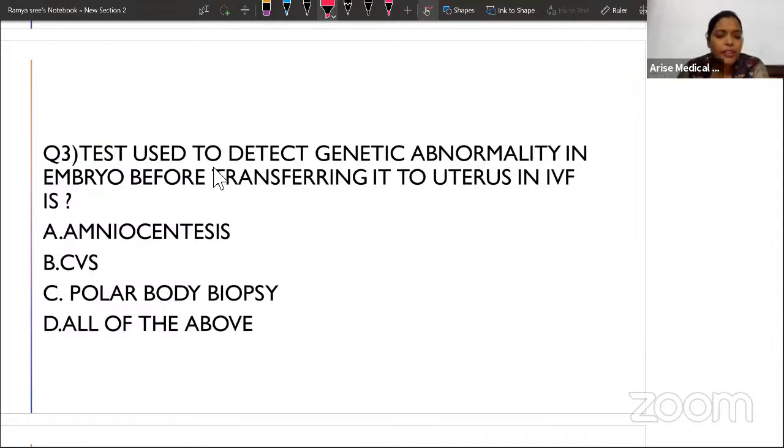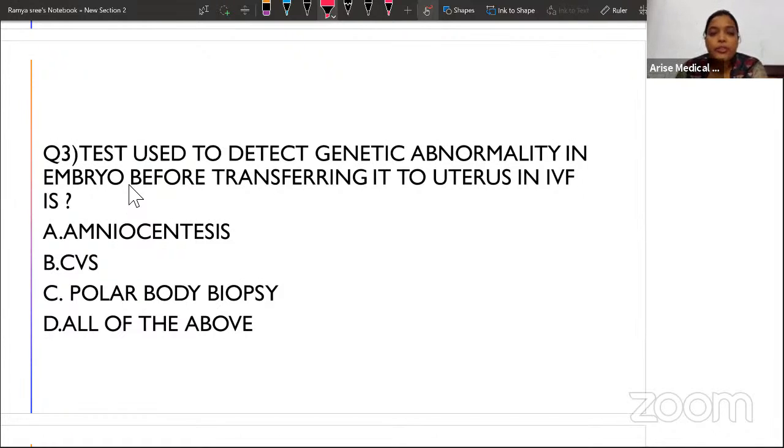So can we do that? Can we detect the genetic abnormality in the embryo before transferring it to the uterus? Yes, we can.